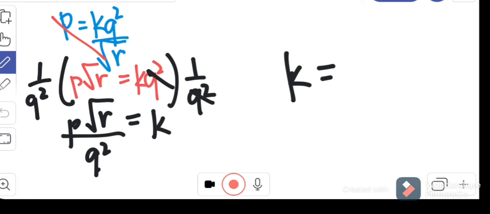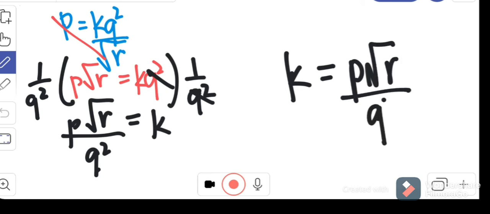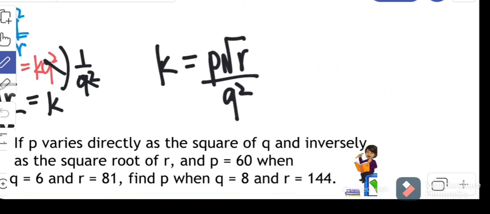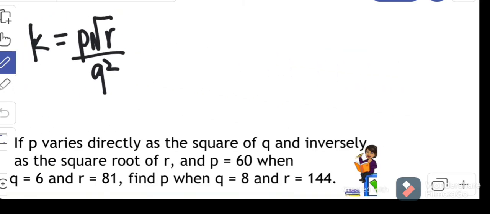Our formula for constant of variation is k = p square root of r over q squared. Okay, then let us solve for k by taking the variables and its values.